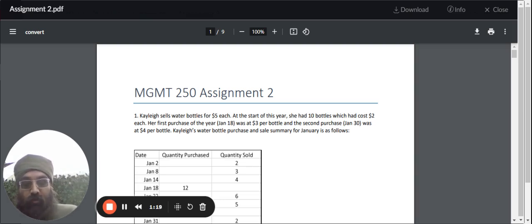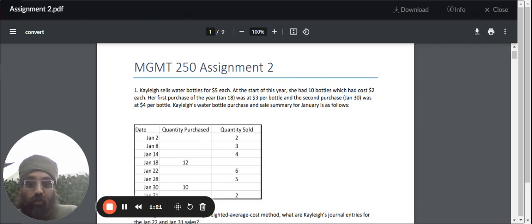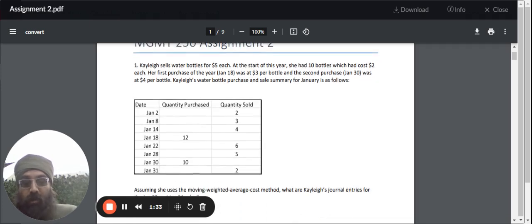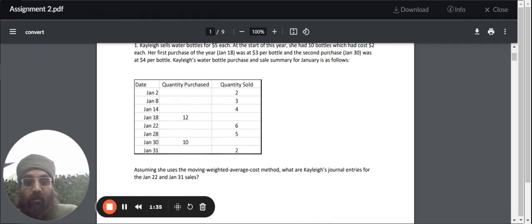So the first question here relates to inventory valuation, and we looked at a couple of methods we will try: the first in, first out, FIFO, and also the weighted average cost method. And the way I usually recommend students to do these questions is just to add some columns, right? So you can do this however you like. You can do it in Excel.